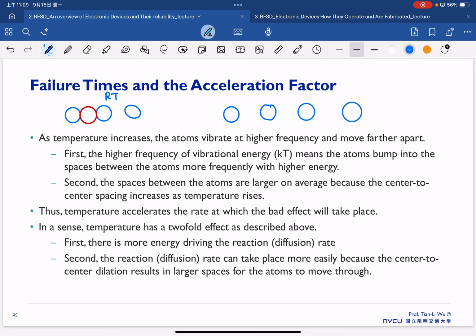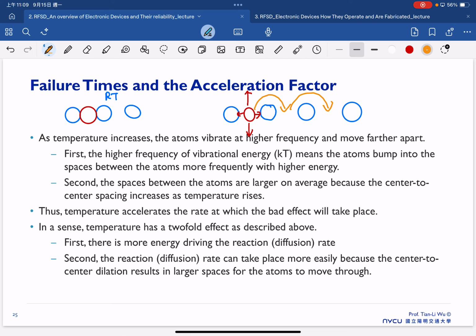And also, at the high temperature, the atoms can easily vibrate. This atom will get some additional energy, so it will easily vibrate, and also the distance in between is larger, and therefore we can foresee this atom more easily jumps to the other place.